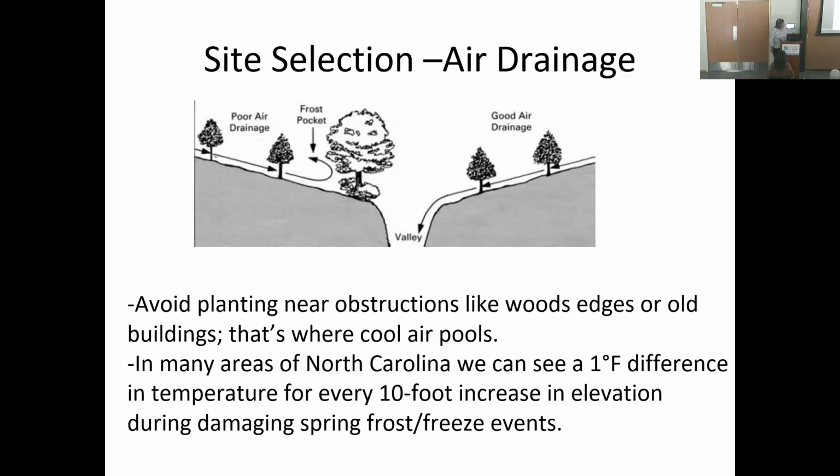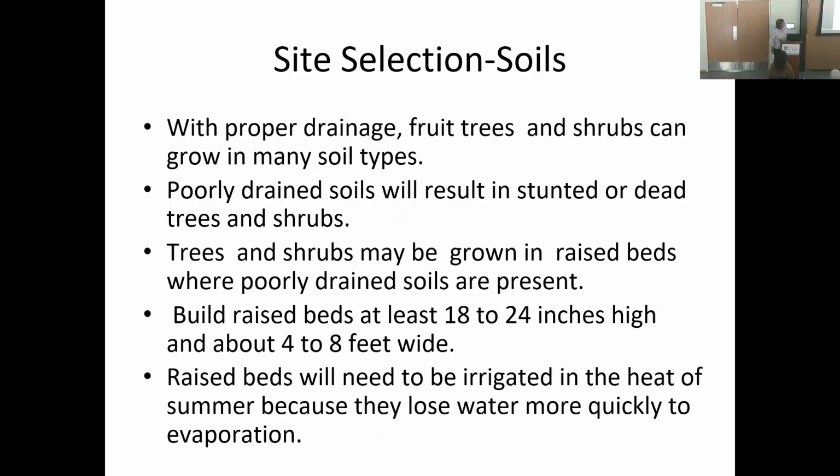In many areas of North Carolina, there's a 1 degree Fahrenheit difference in temperature for every 10 feet that you go up in elevation. And so it's going to be warmer at the top of the hill than it's going to be at the bottom of the hill. So think about that when you're siting your plants.